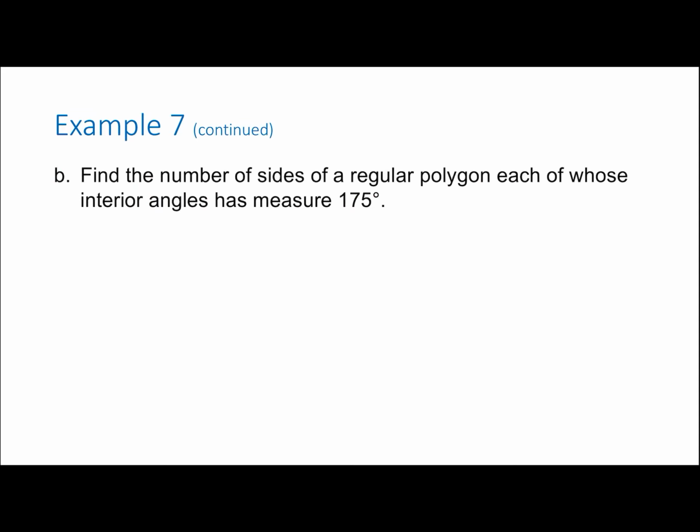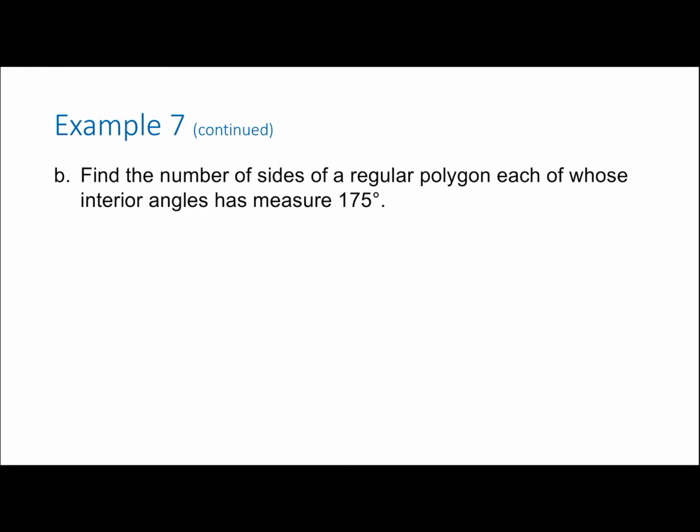Now, part B here is a little more tricky, at least in my opinion. It says find the number of sides of a regular polygon, each of whose interior angles has a measure of 175 degrees. Well, let's think about that for a second. We don't know the total measure of all the interior angles.